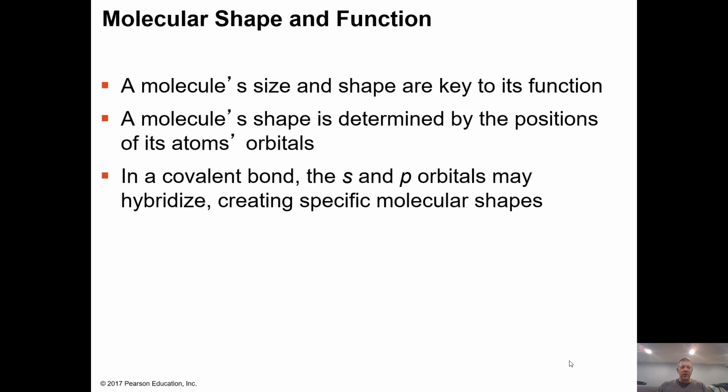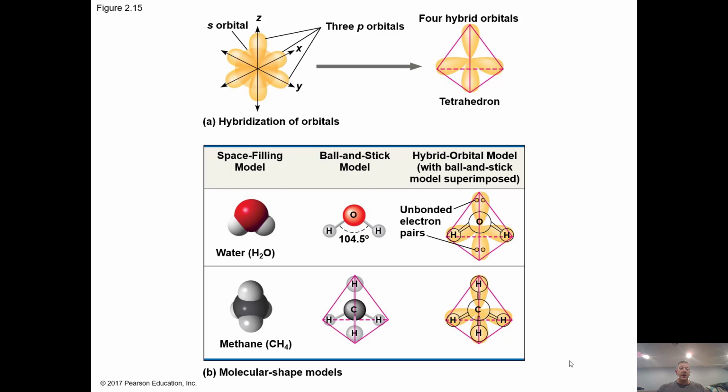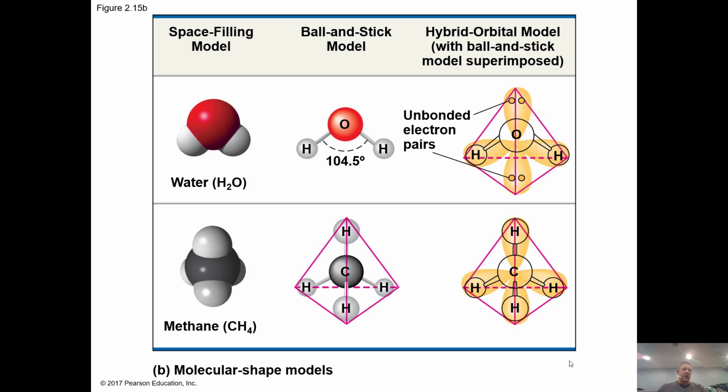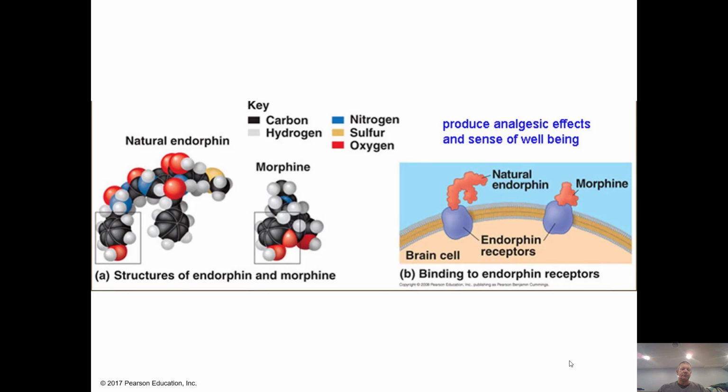One of the things that I will beat on throughout the semester is that shape's really important.